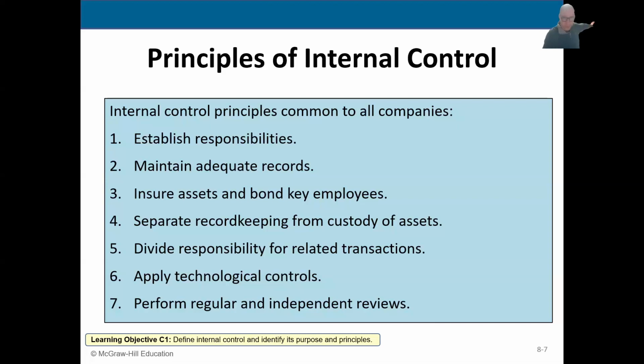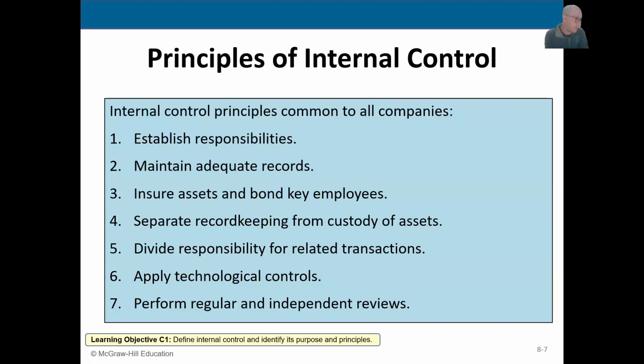Someone else counts the cash, someone else counts the inventory, someone else collects the cash from the customers. That should never be the same person entering the transactions into the accounting book. You want to keep those two responsibilities separated because there's an opportunity for fraud otherwise.